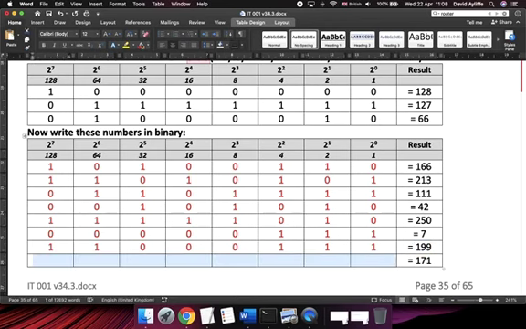And the last one, 171: 128 plus 32 plus 8 plus 2 plus 1 gives us 171.